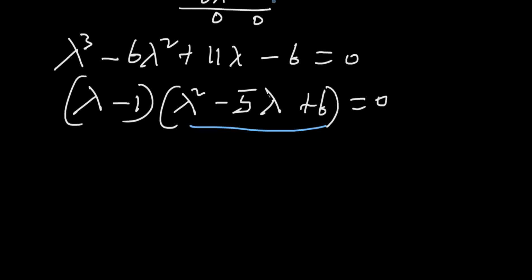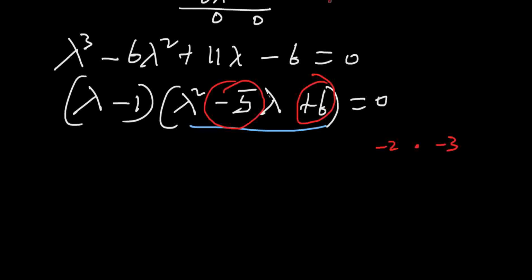So all we have to do is to find two factors of positive 6 such that the sum should be negative 5. Okay, and negative 2 times negative 3 would give us positive 6, and the sum of negative 2 and negative 3 is negative 5.